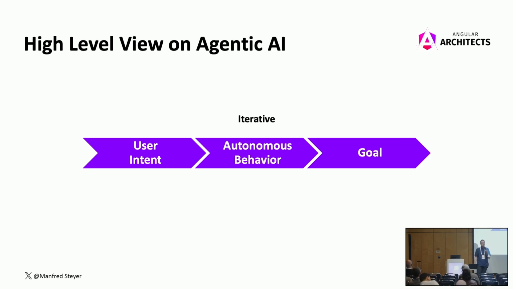This autonomous way consists of a loop which is re-executed time and again until we figure out, well, now we are done. Now we have really reached the goal of the user. And this also involves tool calling. Calling this tool to get more information here, calling that tool to get more information there.